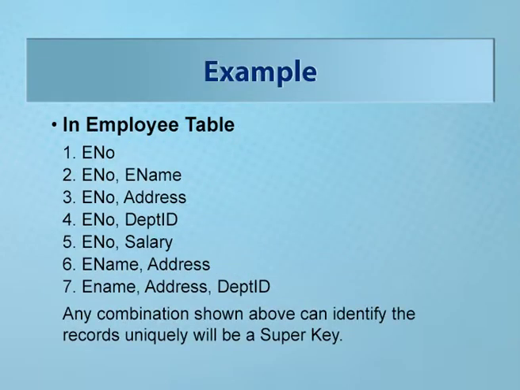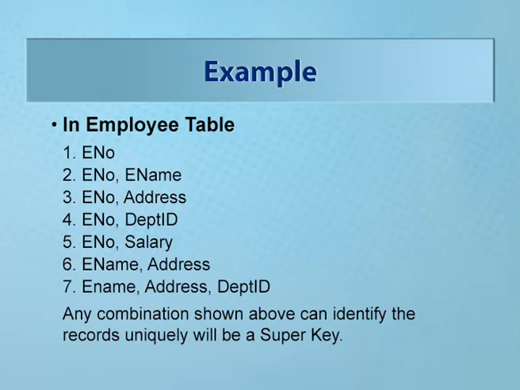Let us see with the help of an example. We had seen the employee relation, and here it should be the employee table, not the student table. Employee number is one key with which we can identify each and every record uniquely.